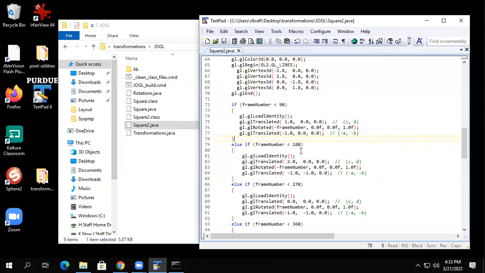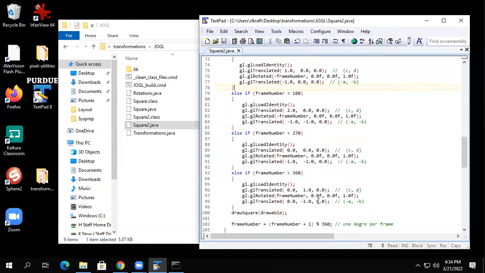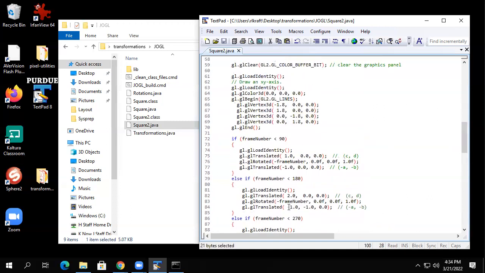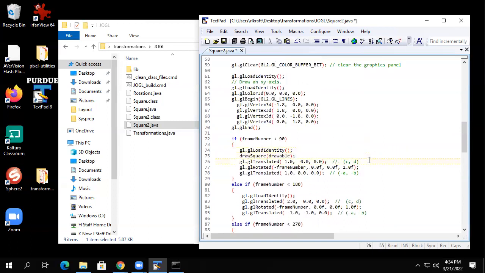But right now, it'd be nice to have the colors change. Let's see what happens. Let's do it on this one. That should draw the original square.